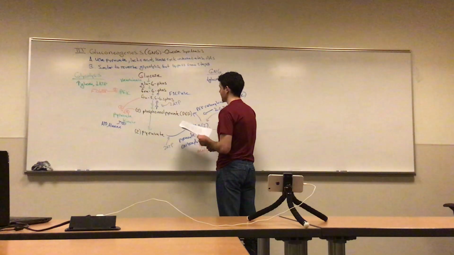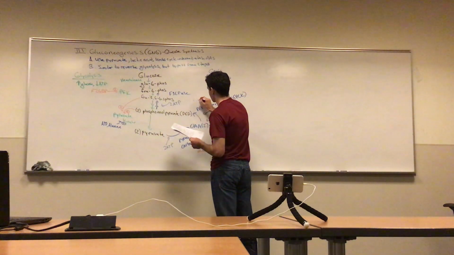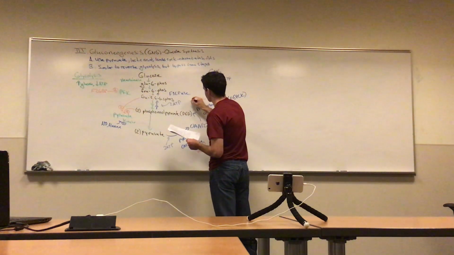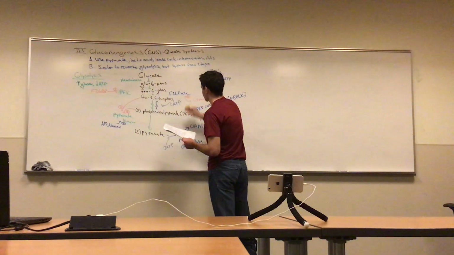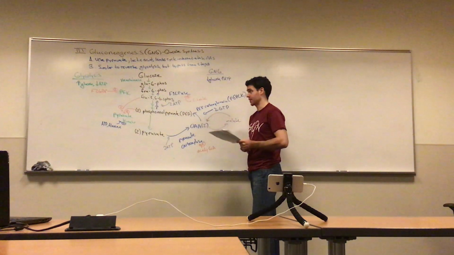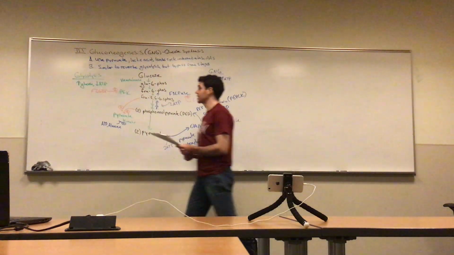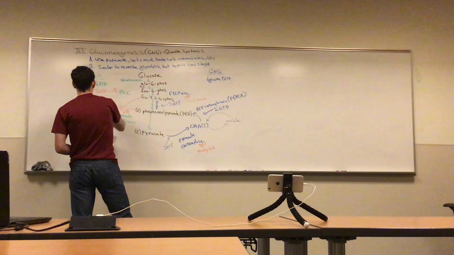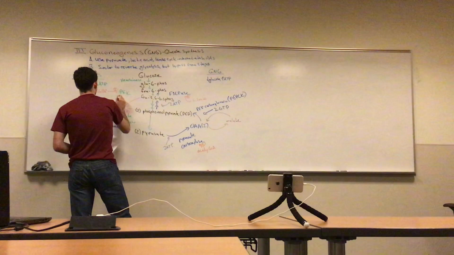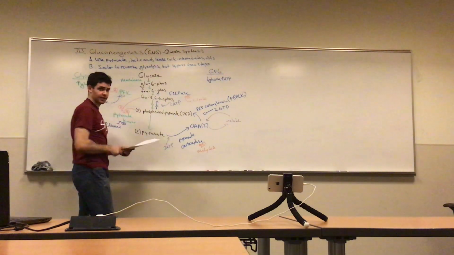So it has opposing regulation. In this case, citrate is going to be a positive allosteric regulator of this, whereas over here, citrate was a negative allosteric regulator.